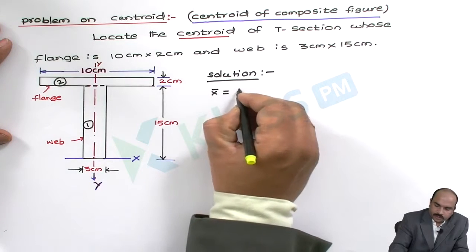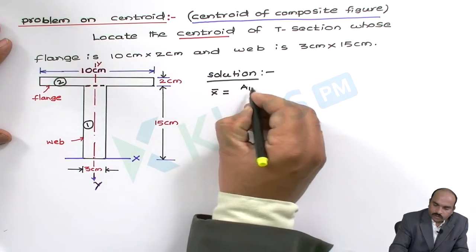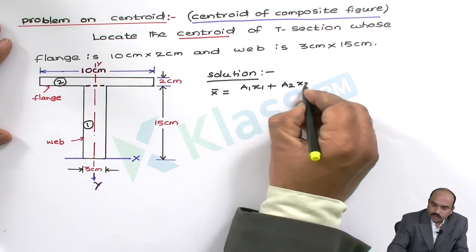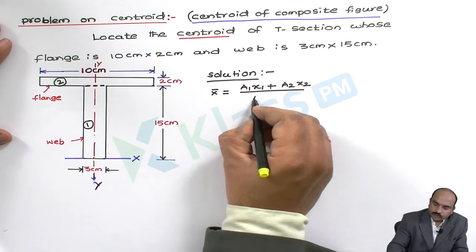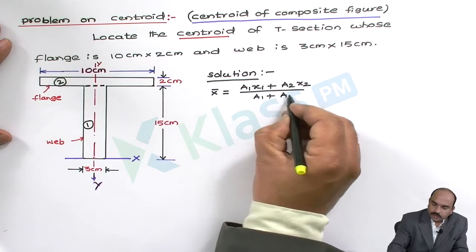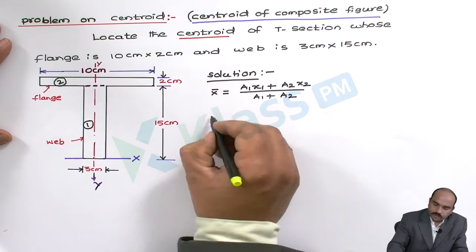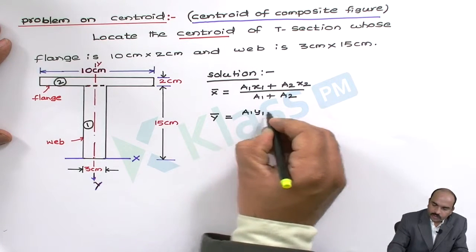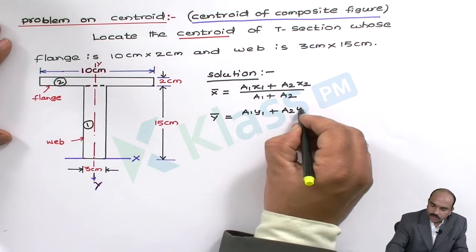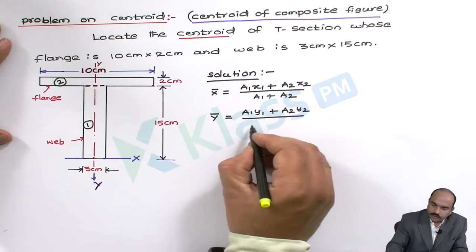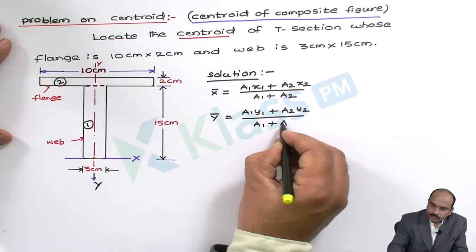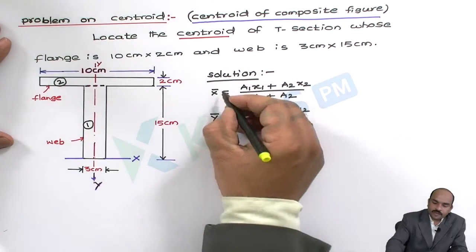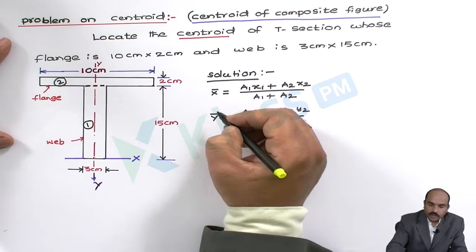X bar equal to A1 x1 plus A2 x2 by A1 plus A2. So this is the formula for x. Then similarly y bar equal to A1 y1 plus A2 y2 by A1 plus A2. So this is the centroid formula. We know centroid means we have to calculate x bar, y bar.